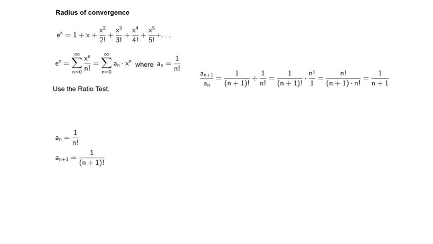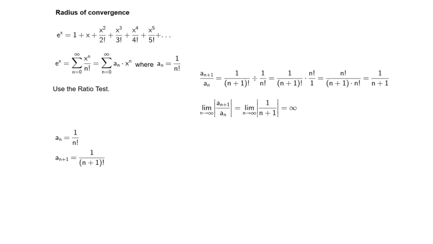So now we take the limit as n goes to infinity. The absolute value of a_(n+1) by a_n is equal to the limit as n goes to infinity of 1 by n plus 1. And as n goes to infinity, 1 by n plus 1 goes to 0.